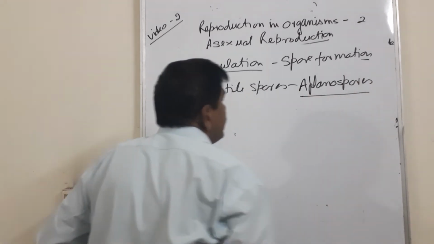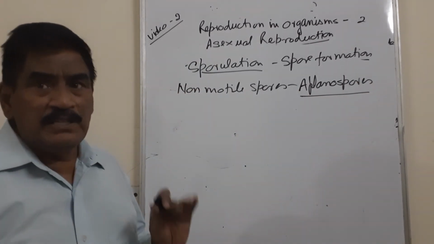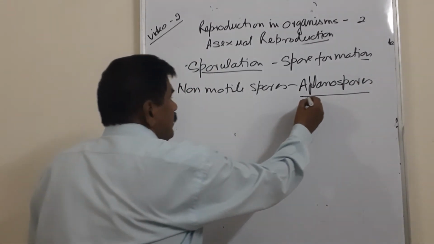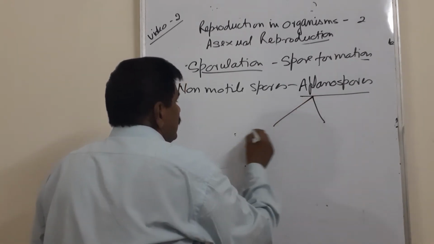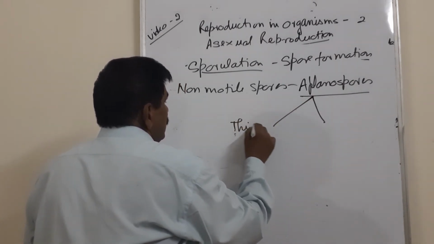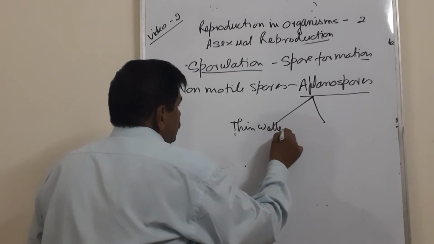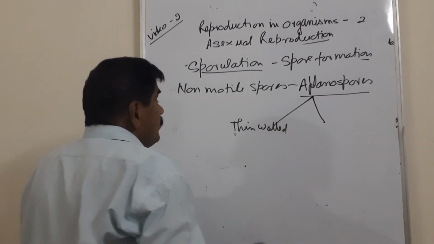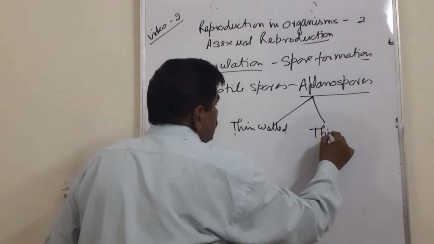Aplanospores, which are non-motile. Now these non-motile spores may be thin wall, they may be thick wall.